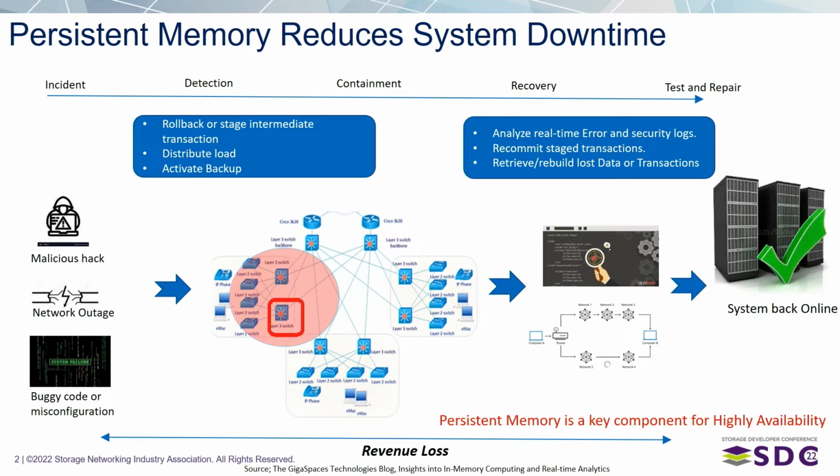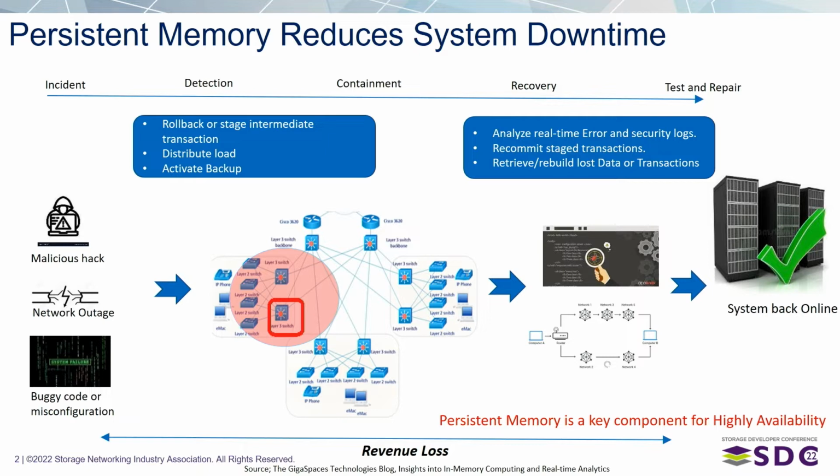You do not want to roll back your transactions because that will affect everyone else behind you. So the best part is you stage your transactions intermediately and allow the system to recover. All this can happen if you have a substantial amount of persistent memory in your server, or attached to your node.